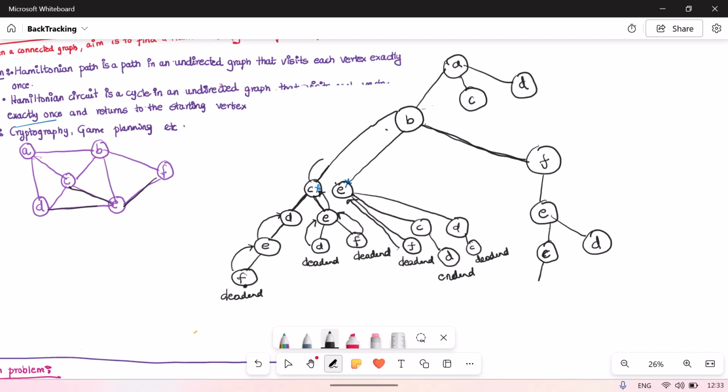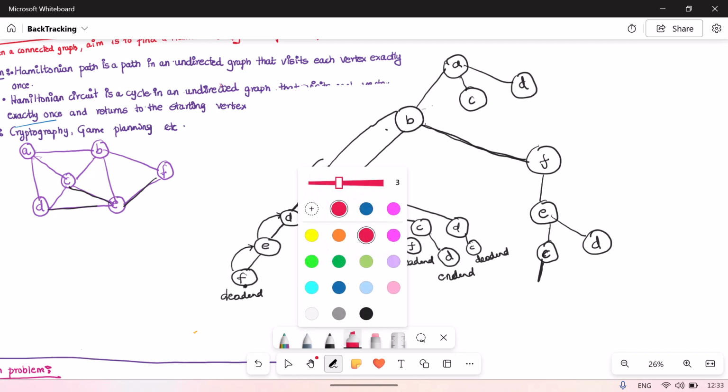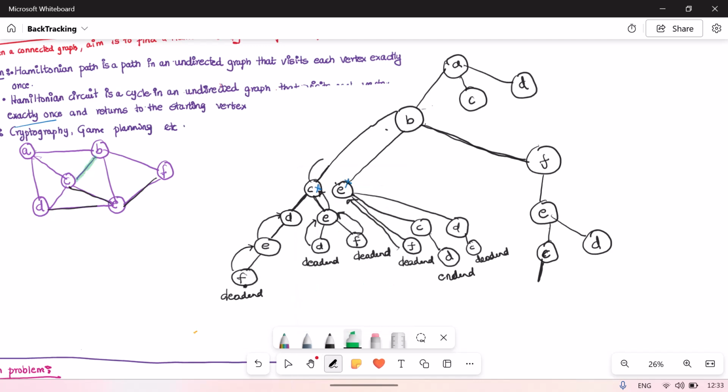Okay. So from C, let us try to see. From C, I have a path to A, B, D and E. Correct? I can go to B or A or D or E. So A can't be done because A is already in the path. B also can't be done.